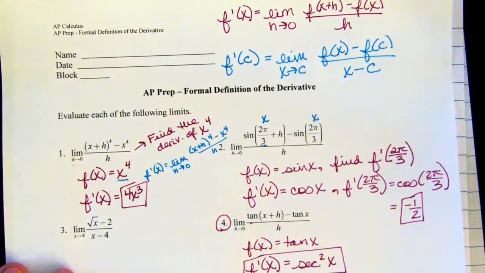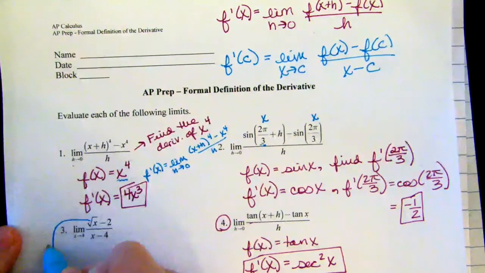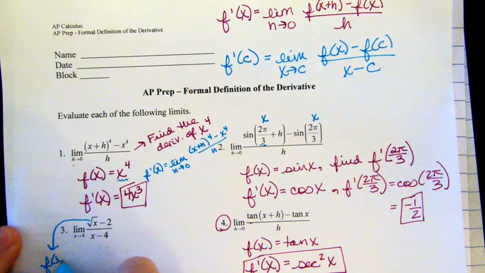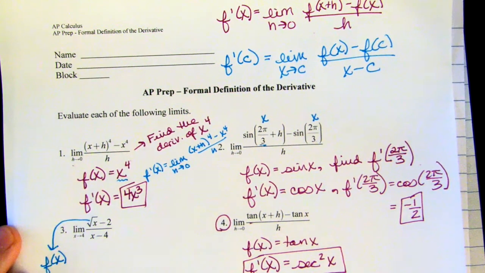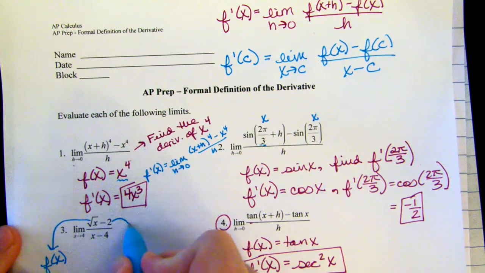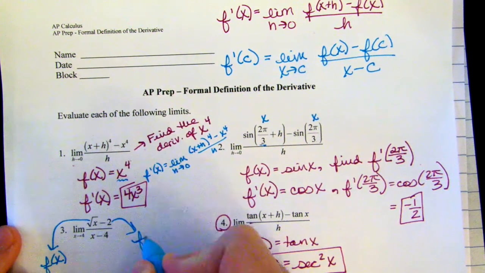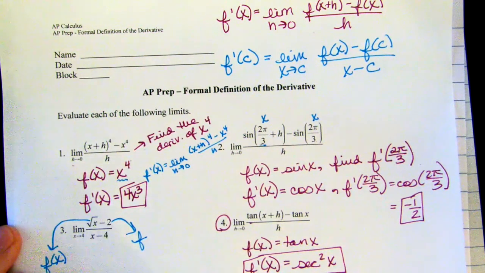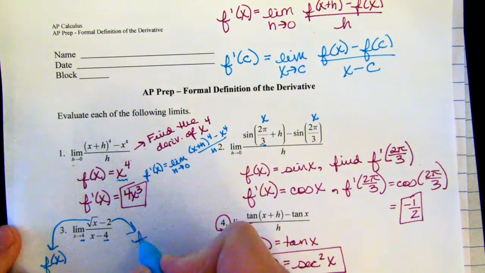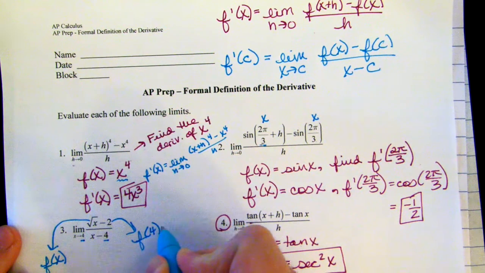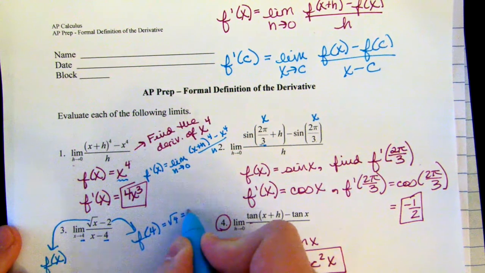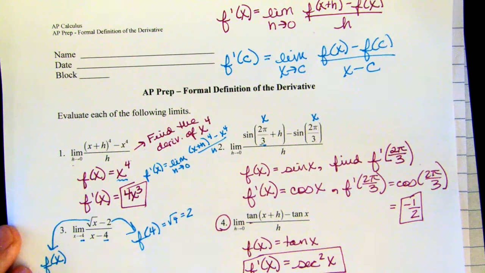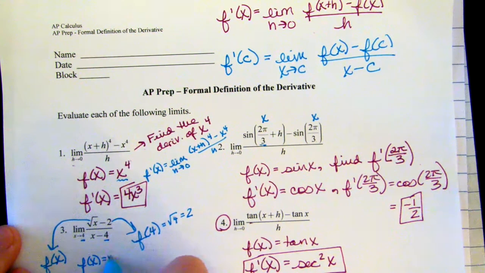Here's what I mean by that. In number 3, it's like I'm saying my function, f of x, is the square root of x. This number over here is f of whatever my c value is, f of 4, which, sure, square root of 4, that's 2, things are working. This problem is saying f of x equals the square root of x, sorry, not 4.